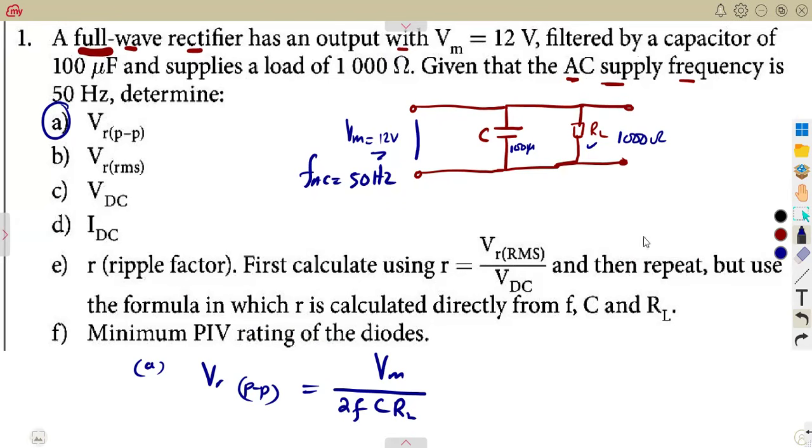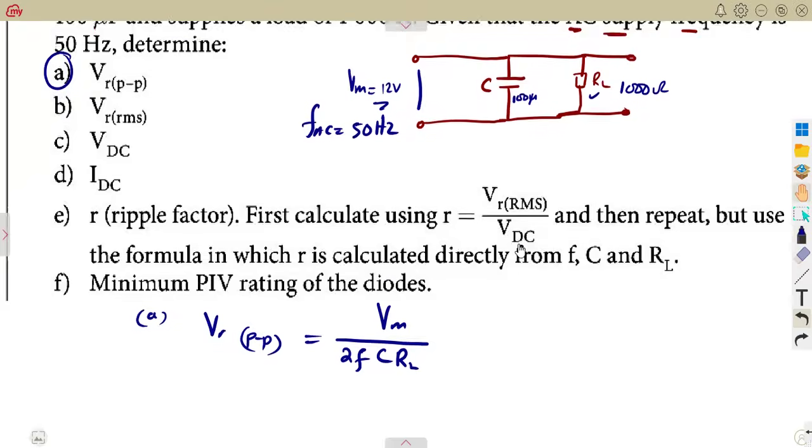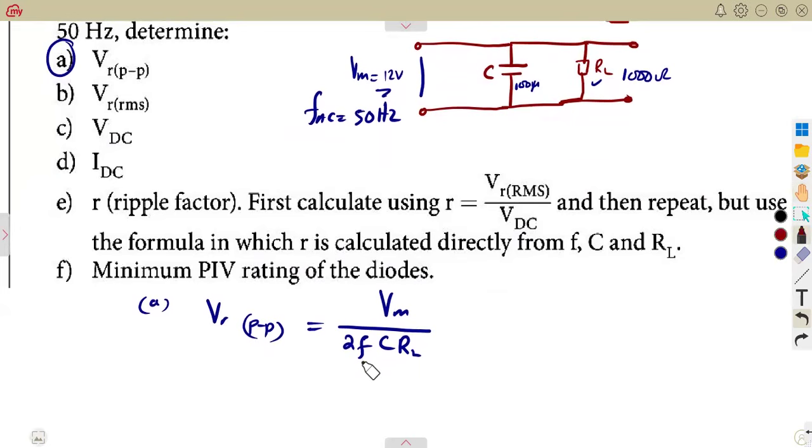So with this, we can just substitute our values. The F that we're talking about in this case is the AC frequency. Remember, there's a relationship that relates the AC frequency and the ripple frequency, but this one is the AC frequency that we are given there.